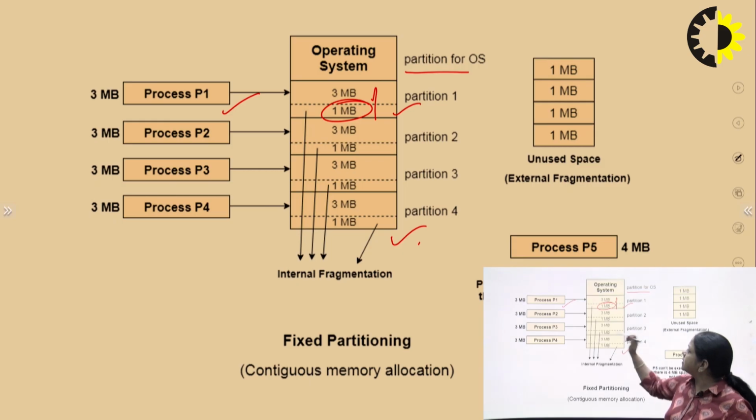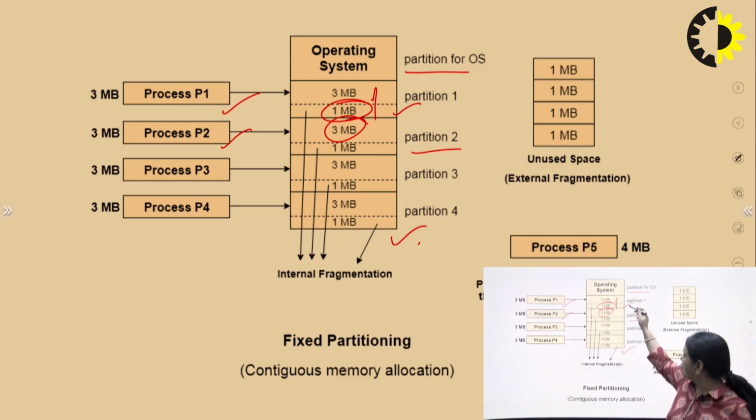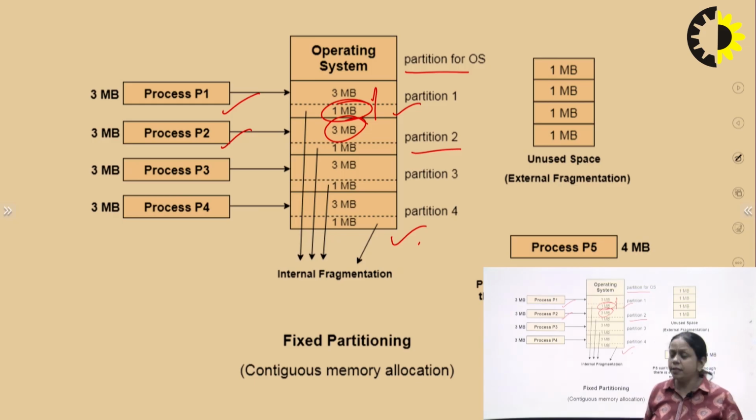In this way, this is partition 2. Again, this partition has 4 MB memory area, and process P2 resides in this area, and this process has 3 MB of space, and 1 MB again is leftover space. In this way we have 4 partitions, and in each partition we have 1 MB wastage of memory.